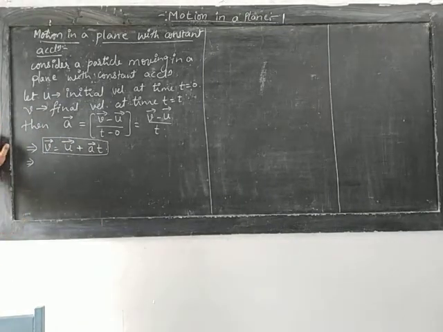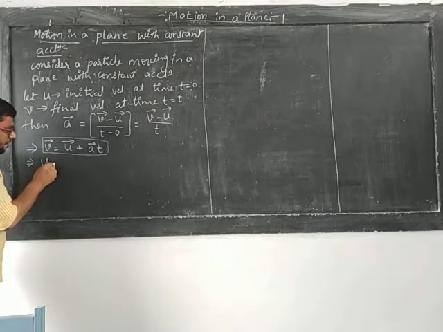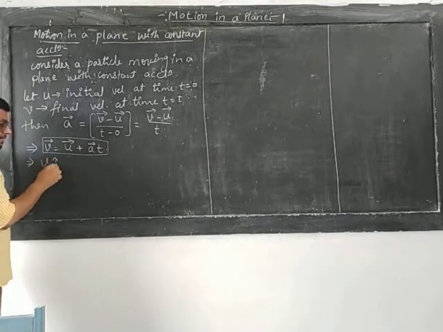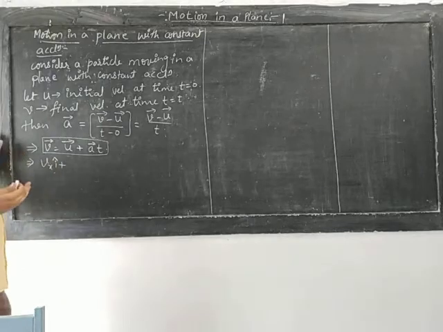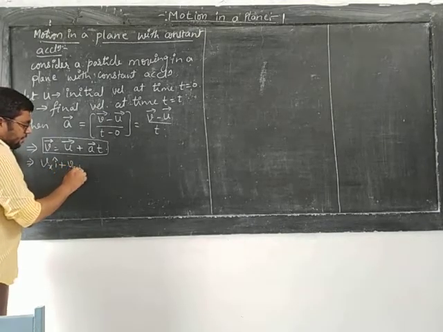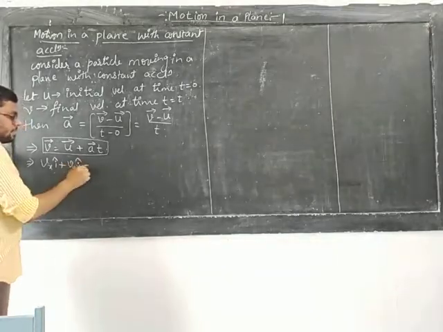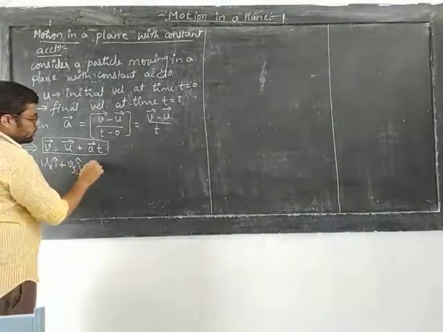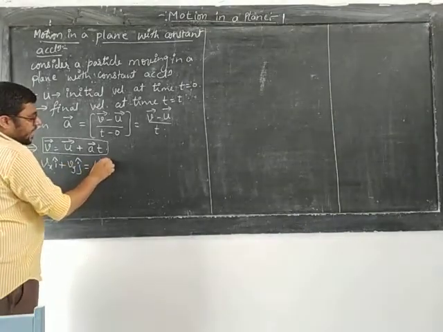The component of velocity along the x-axis, I take it as vx i cap, plus the component of velocity along the y-axis, that is vy j cap, which is equal to ux i cap.